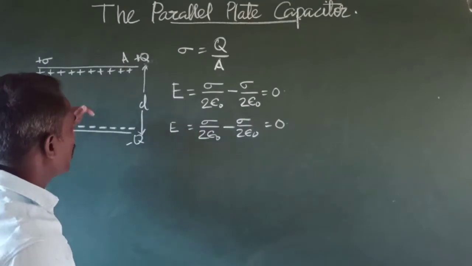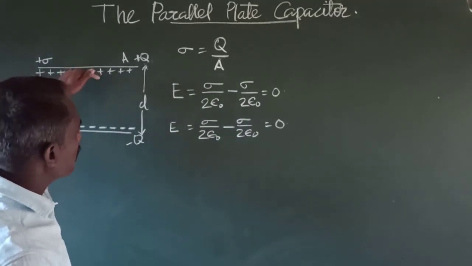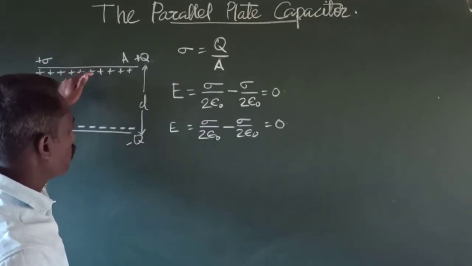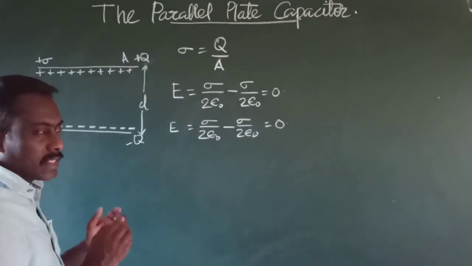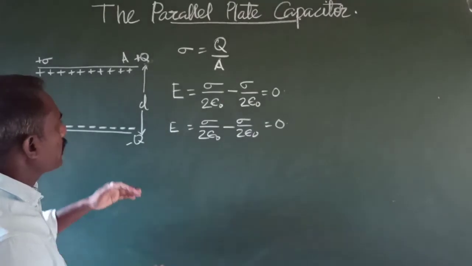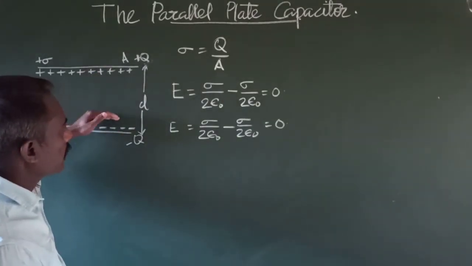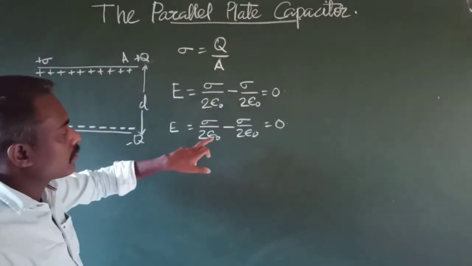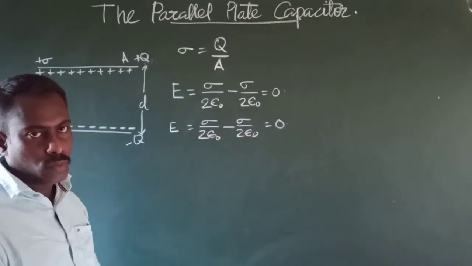And what happens in the inner region between the two plates 1 and 2? The net electric field in the inner region will be the sum of the contributions of the two plates.